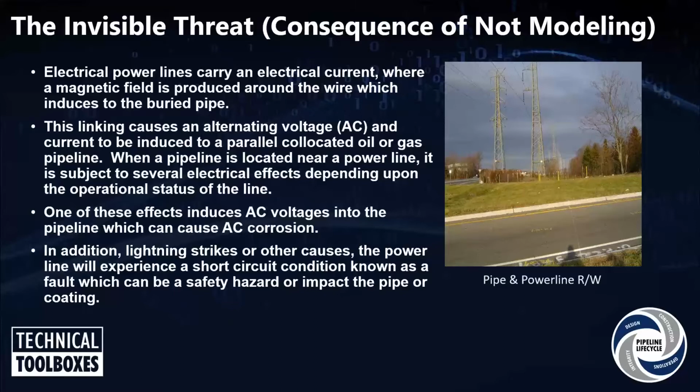Everything's gone. The linking of AC in these co-located areas is a real problem. So what happens when you have 4 and 5 sets of towers paralleling 4 to 5 sets of pipelines?